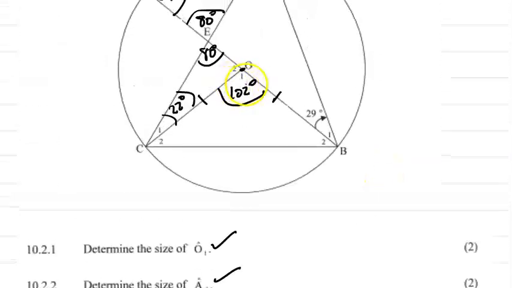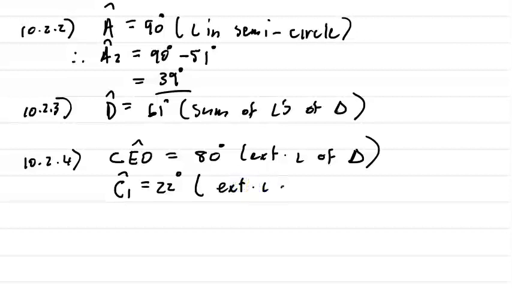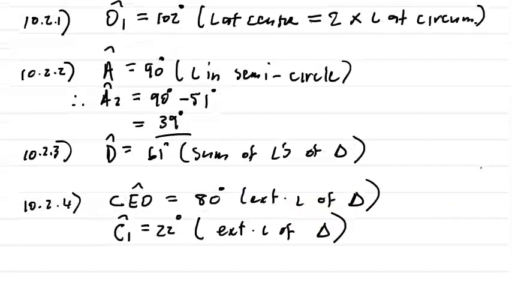Now remember that I've already shown that O1 is 102 degrees. So therefore now I can just simply say that C1 equals 22 degrees. And once again I will say exterior angle of triangle. And that will be my solution for question 10.